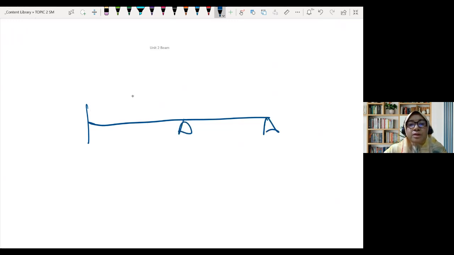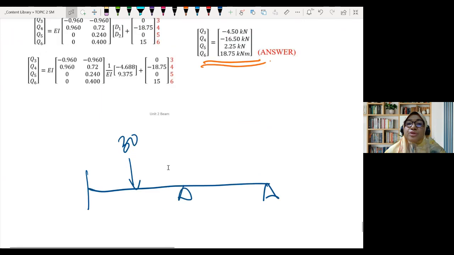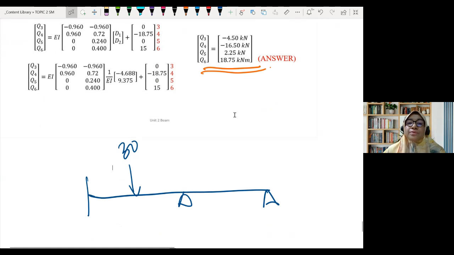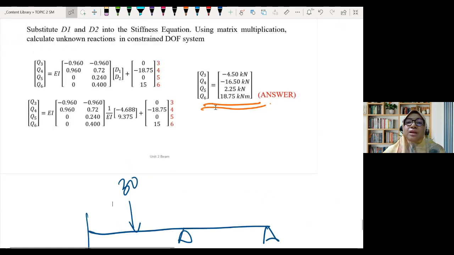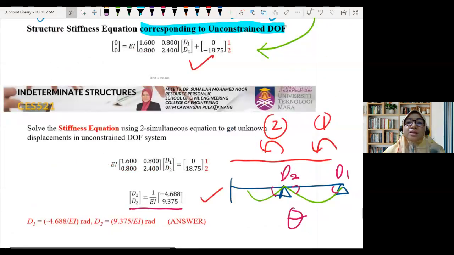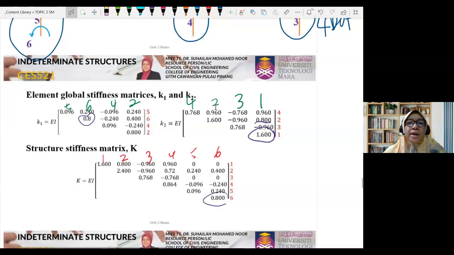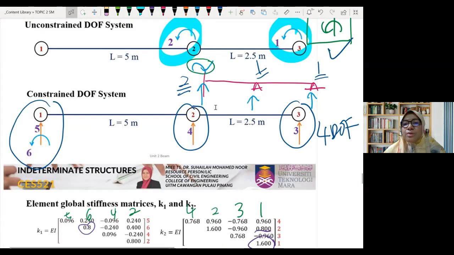We can refer back to the labels that we use, 3, 4, 5, 6, and put all the reactions into this. For example, refer back to 3. If I'm not mistaken, 3 is Y, means 3 Y.